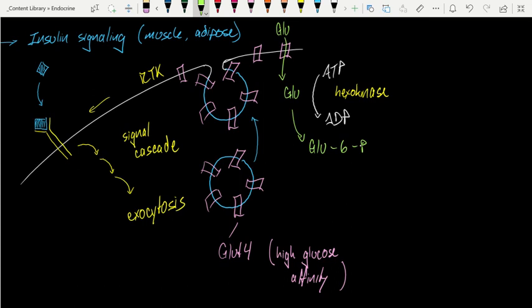In type 1 diabetes, insulin is not present, and so there's no way to move glucose into the cell, and that leads to very high blood glucose levels, and on the inside of the cell, a reliance on beta oxidation and protein metabolism for energy. And this is where the risks of ketoacidosis and things like that come from.